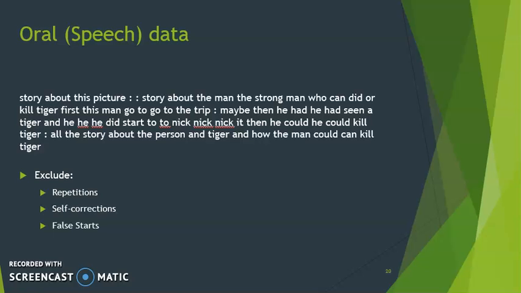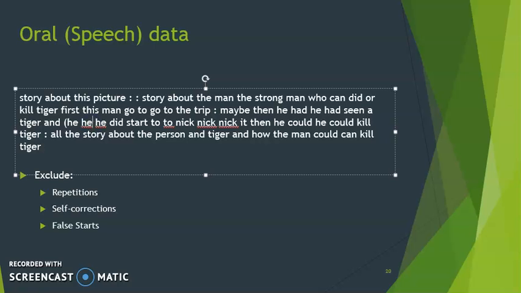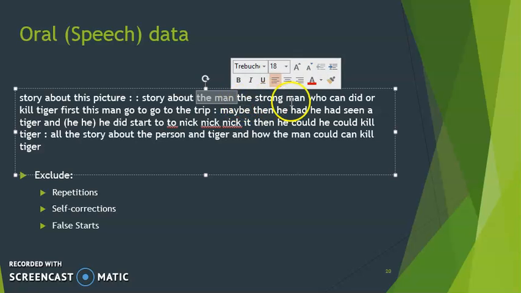In Foster, Tonkyn, and Wigglesworth's article, they also said to exclude, not count, repetitions, self-corrections, and false starts. So when the learner says he, he, we're just going to consider the last one, right? We're not going to consider the other one. And self-corrections. So here, the story about the man, the strong man.